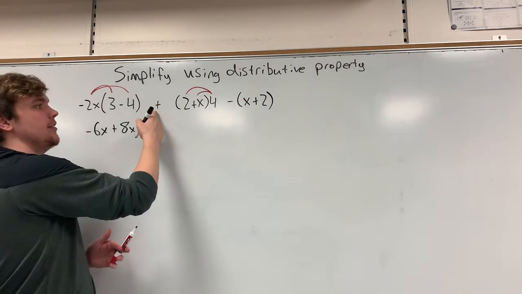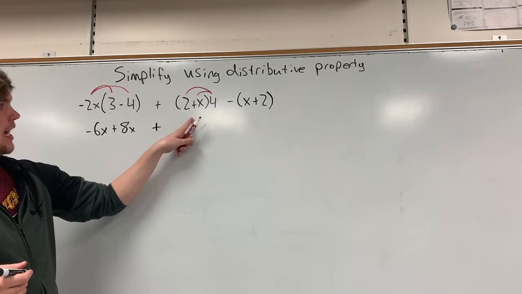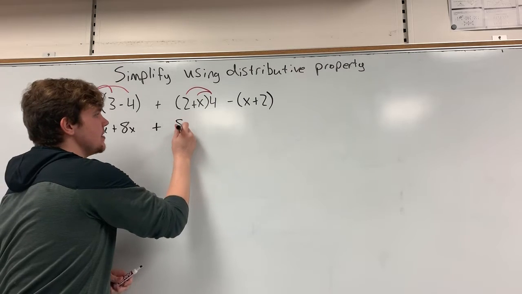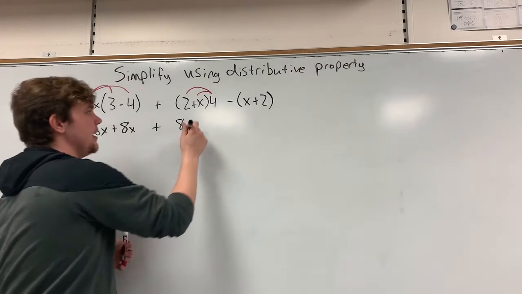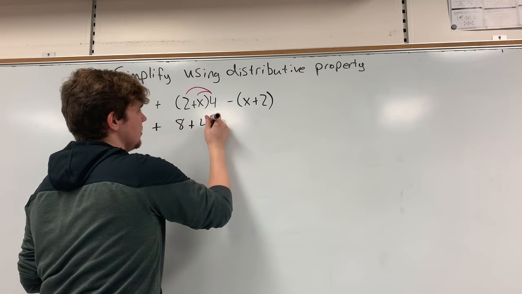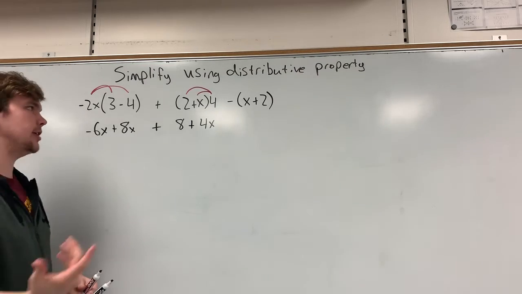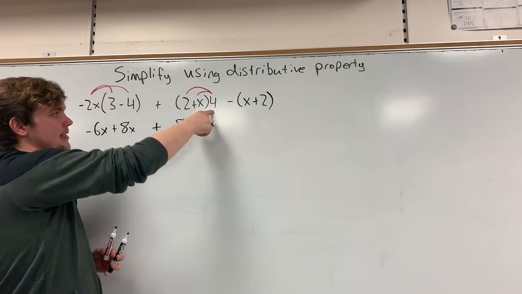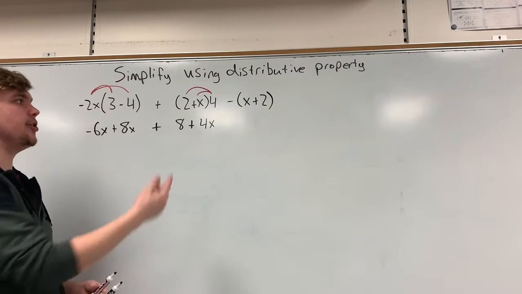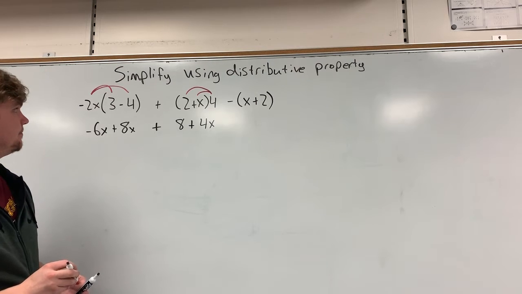I have this plus sign here, so plus 4 times 2 is going to get me 8. And then 4 times x is going to get me 4x, which is weird, because usually we like that number to be on the front side. However, this one was on the back side of the parenthesis. Nonetheless, you still have to distribute it through to everything inside the parenthesis.